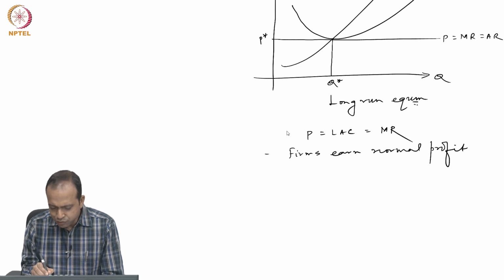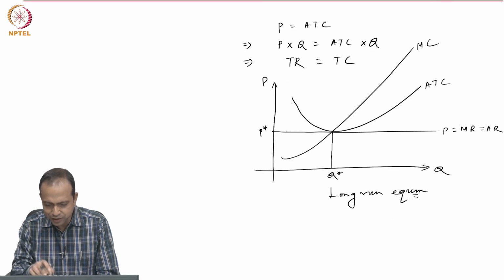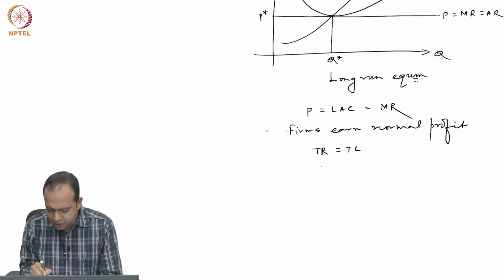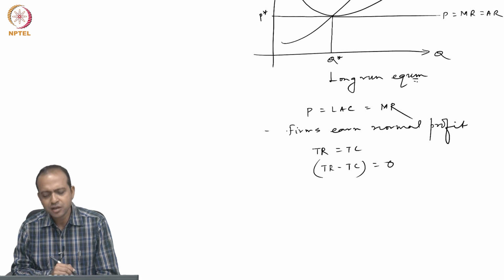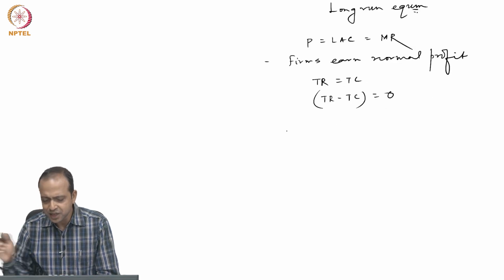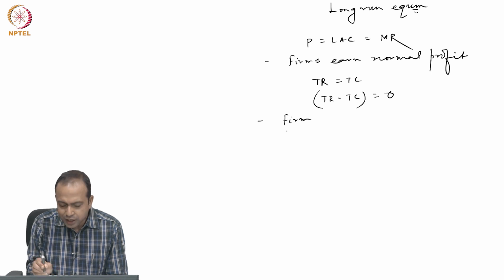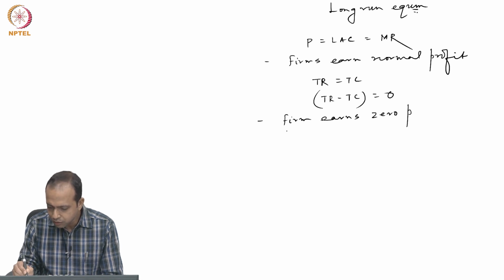So, that means your total revenue equals to total cost, that is what we have derived. See, TR equals to TC. Now, when TR equals to TC, that means TR minus TC actually equals to 0. What does this normal profit mean? That means a competitive firm earns 0 profit in the long run.